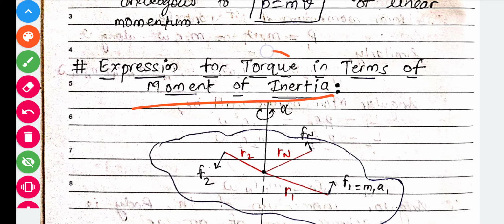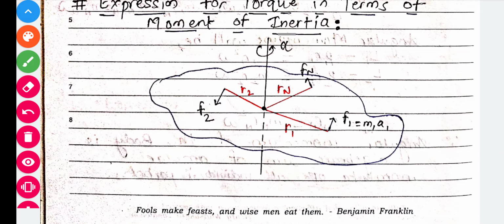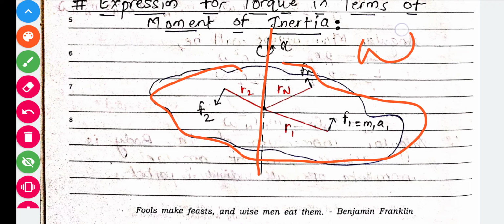So you have to find the value of torque in terms of moment of inertia. We always consider the same kind of thing, like we have a rigid body. Instead of angular speed, we are going to consider angular acceleration, that is alpha.